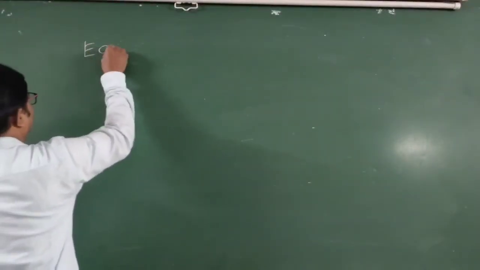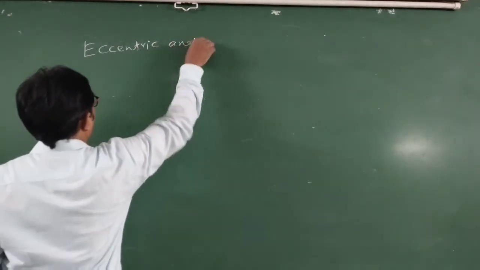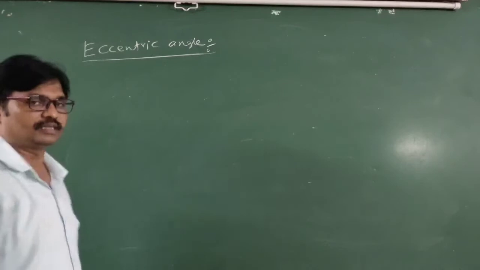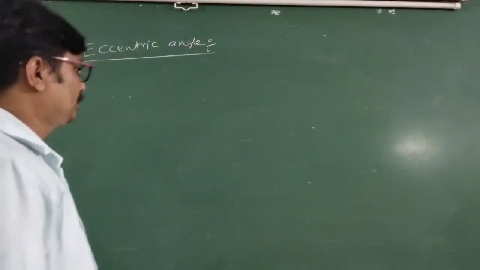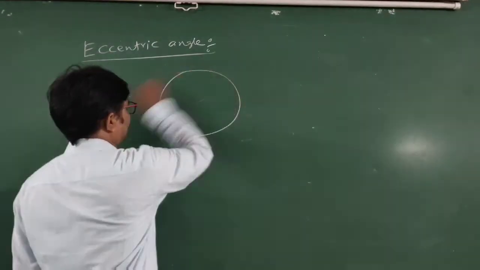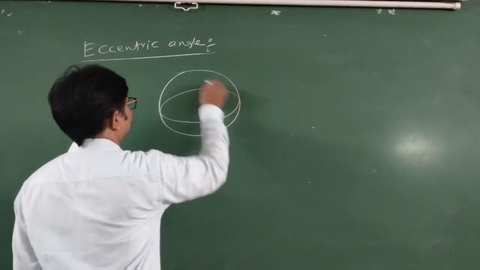Now students, we are going to discuss the eccentric angle. First you can draw the auxiliary circle, then the ellipse.